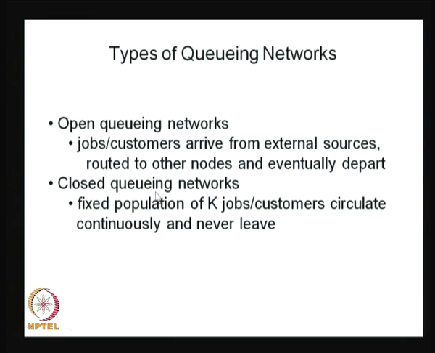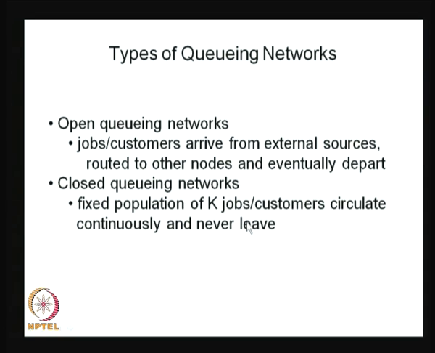The closed queuing network has a fixed number of population, some constant capital K number of jobs or customers circulate continuously and never leave. So, that type of queuing network is called the closed queuing network.